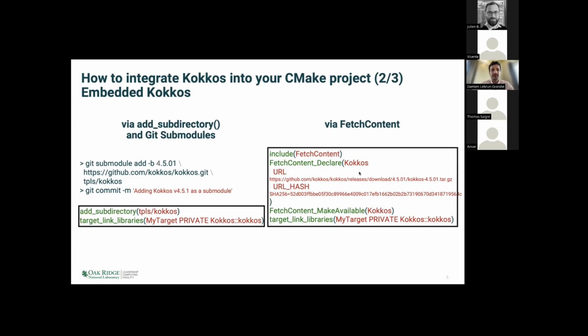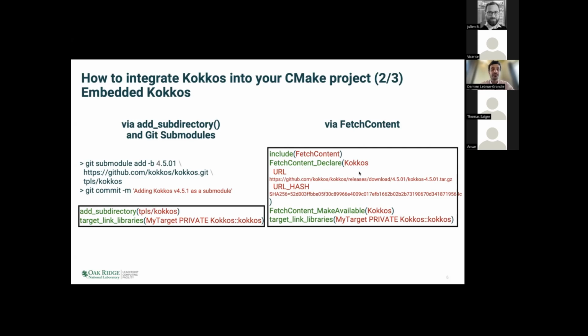On the left-hand side, this is one option where you would use Git submodule to basically add the Kokkos source to your project, assuming that you use Git, of course.